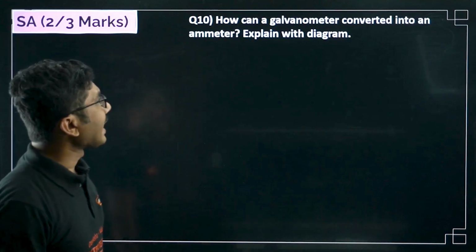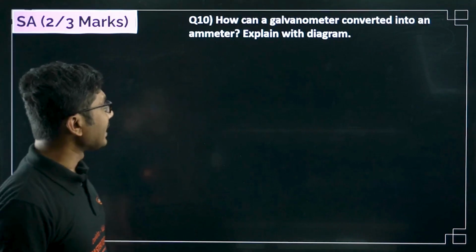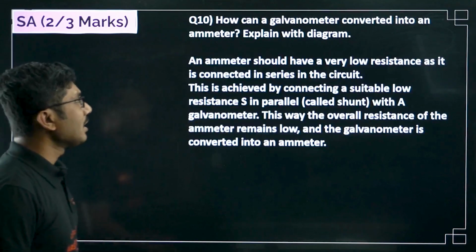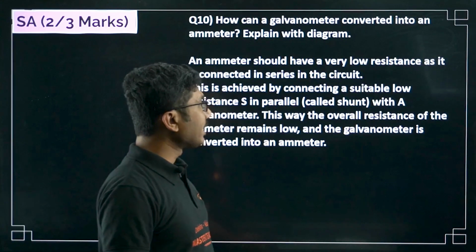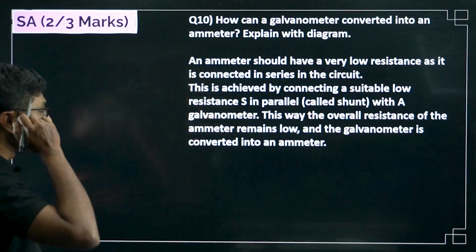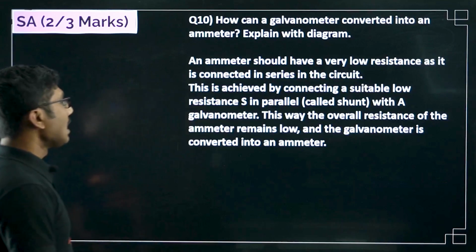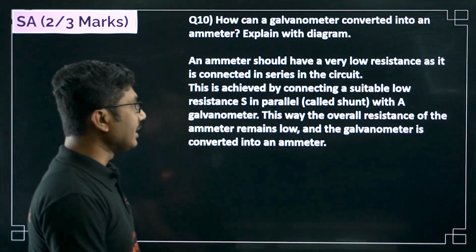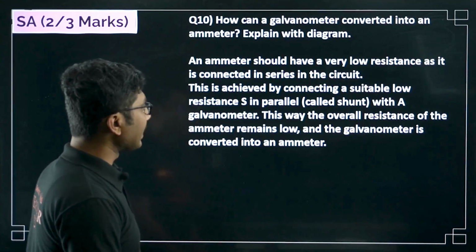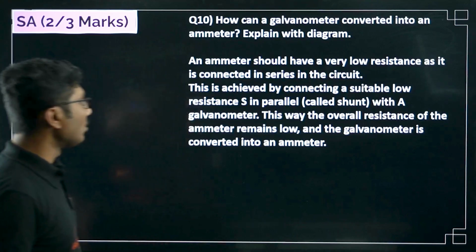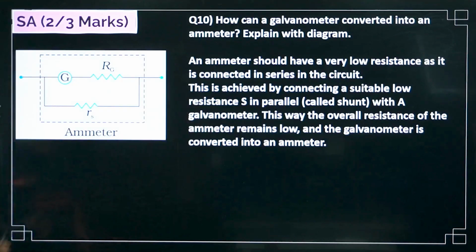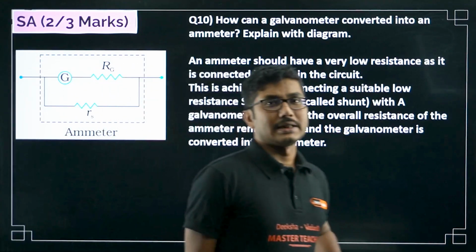Next, how can a galvanometer be converted into an ammeter? Explain with diagram. An ammeter should have a very low resistance as it is connected in series in the circuit. This is achieved by connecting a suitable low resistance S, called a shunt, in parallel with the galvanometer. This way the overall resistance of the ammeter remains low and the galvanometer is converted into an ammeter. This is the circuit diagram.